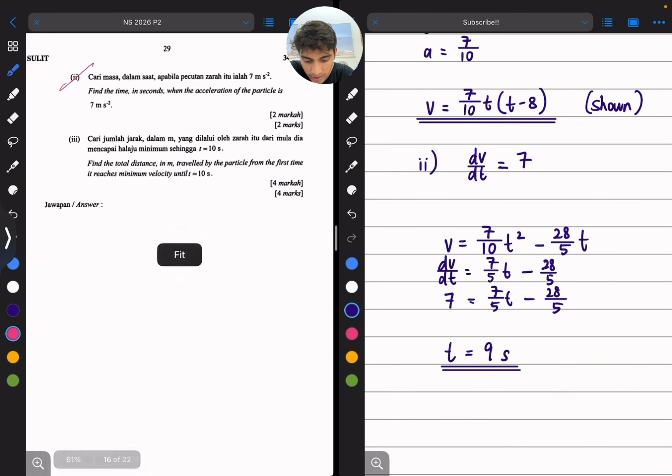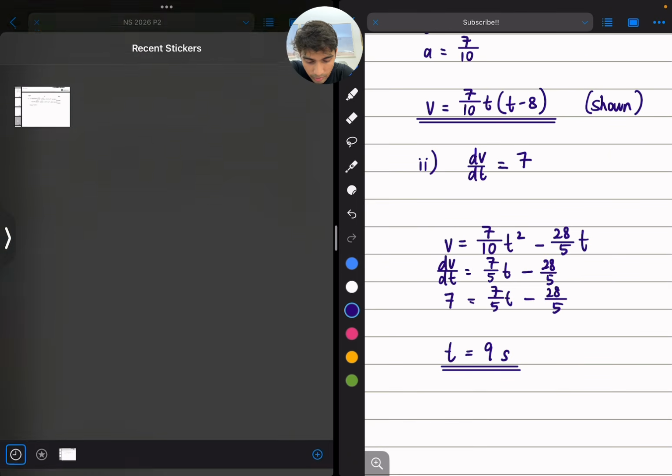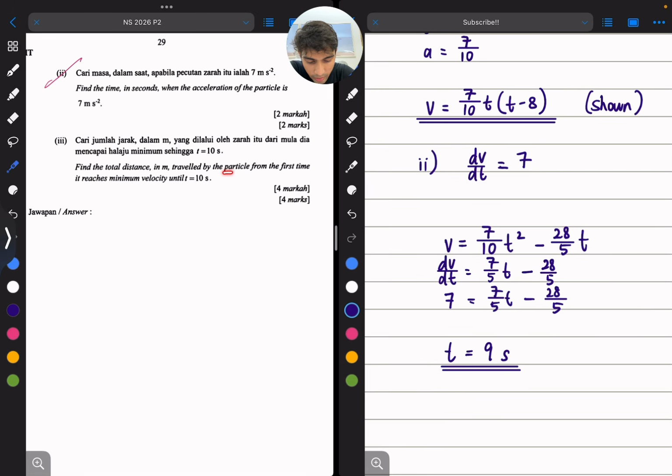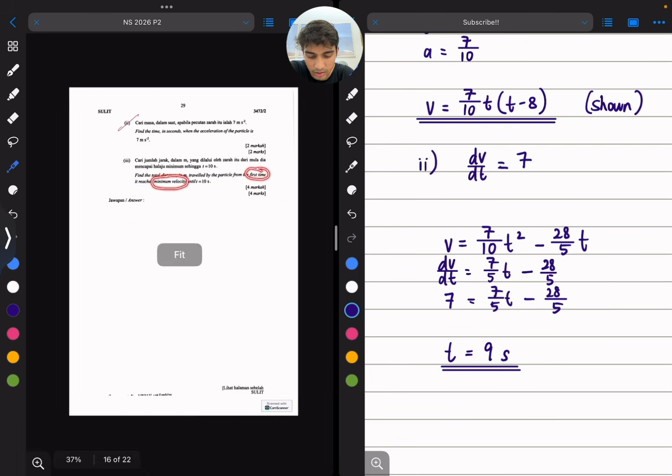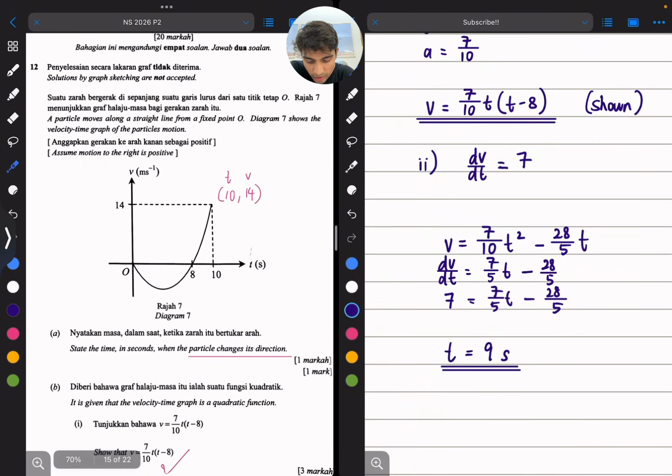Find the total distance traveled by the particle from the first time it reaches minimum velocity until 10 seconds. So first time it reaches minimum velocity. Minimum velocity means the lowest velocity here. So they're asking us the distance traveled from here until here. Okay.